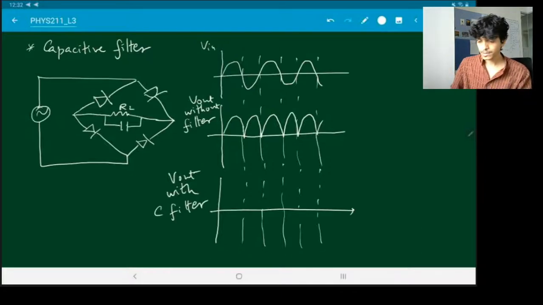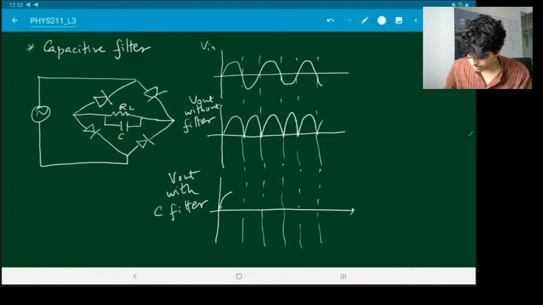So let's see what happens. During the positive half cycle, everything is going on as usual, as we have seen before, and you get some output. And while this output is happening, the capacitor is starting to charge, and the capacitor charges fully.